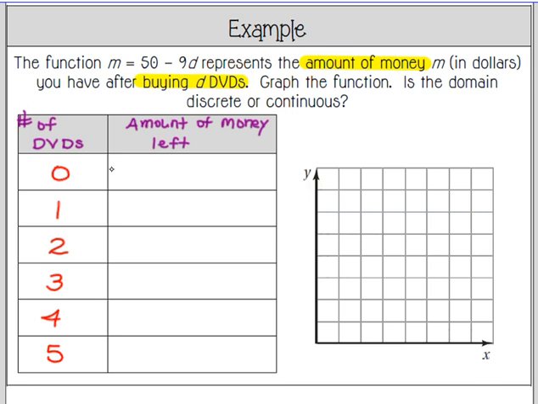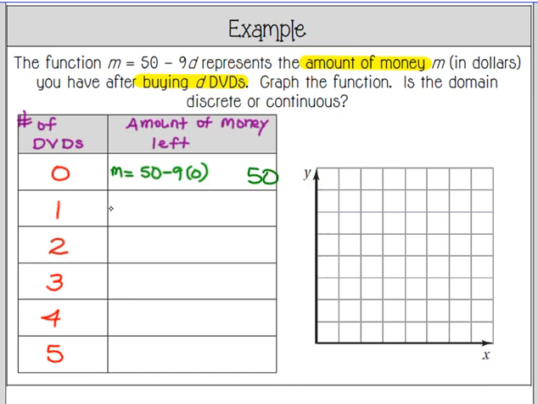So our equation says M equals 50 minus 9D, and since our D value here is 0, by order of operations 9 times 0 is 0, so 50 minus 0 would give us a value of 50.